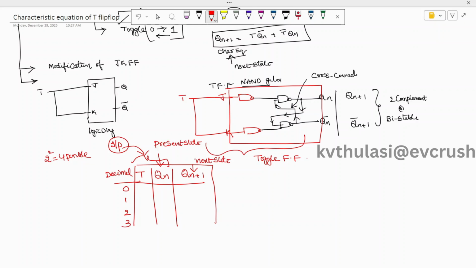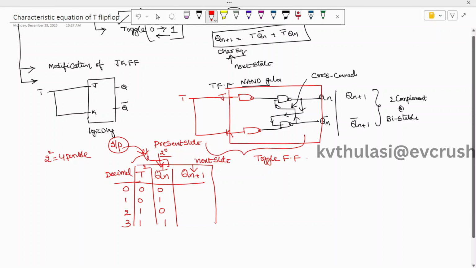Here 2 to the power 0 is 1, and 2 to the power 1 is 2. In binary form, 0 can be written as 0 0, 1 can be written as 0 1, 2 can be written as 1 0, and 3 can be written as 1 1.